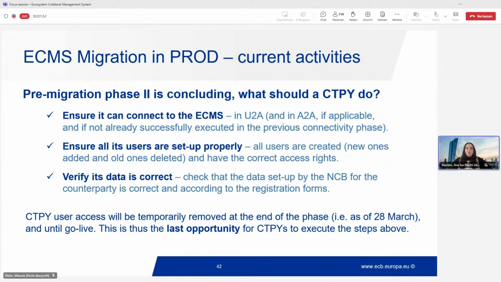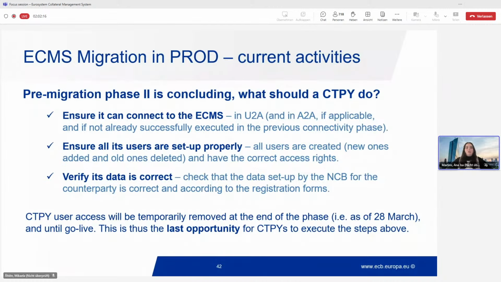We had additional windows where you could test this A2A connectivity, mostly if you are a new counterparty or if you had issues previously where you could not have tested this successfully, or for example, if you had big changes in your configuration that would require this. You could liaise with your NCB and test in one of these slots.